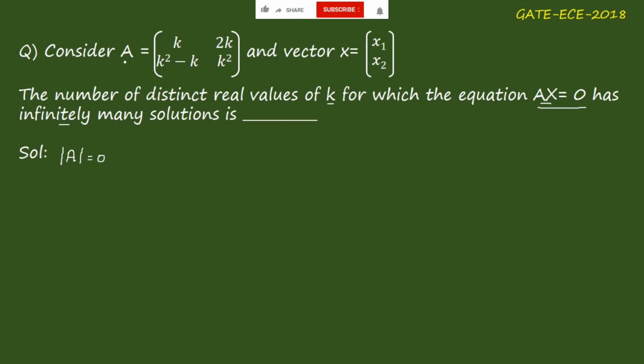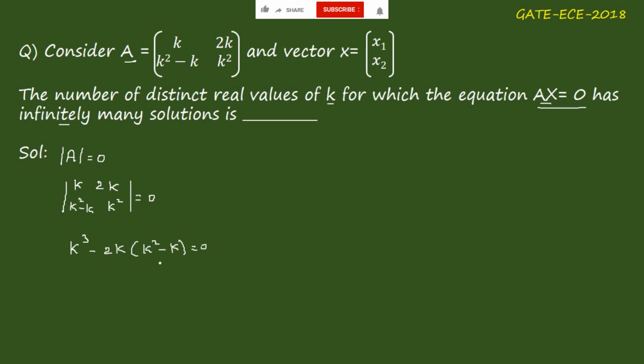So matrix A is given here. Finding the determinant of this: k, 2k, k squared minus k, and k squared. The determinant should be equal to 0. So it becomes k cubed minus 2k into k squared minus k equal to 0.